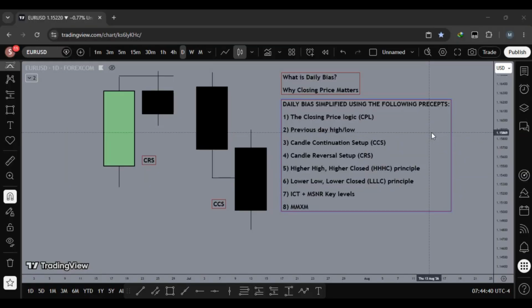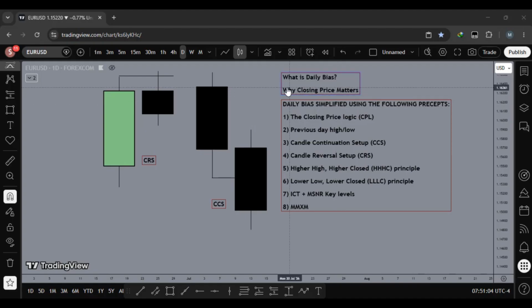I was once like that, but then I realized the closing price tells a much bigger story than most traders think. Before we go into backtesting our daily bias using the bar replay, we need to understand some of the parameters that make up this concept.